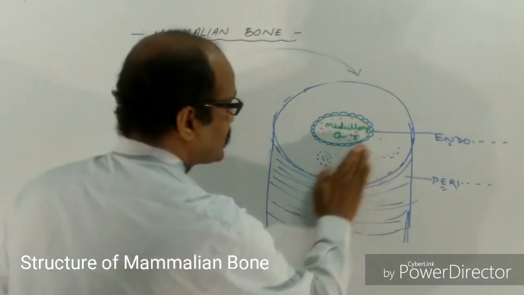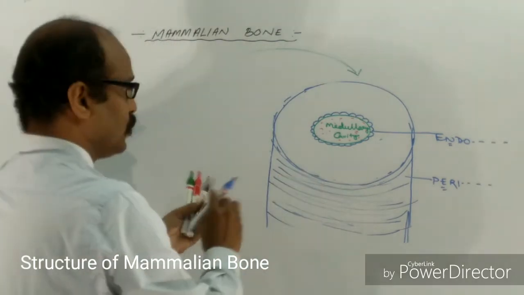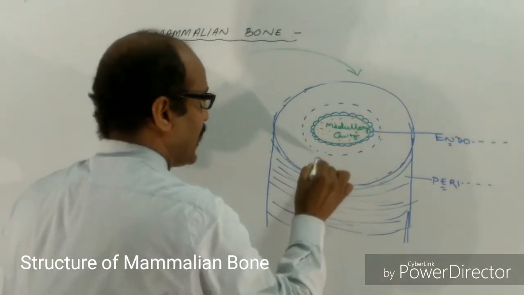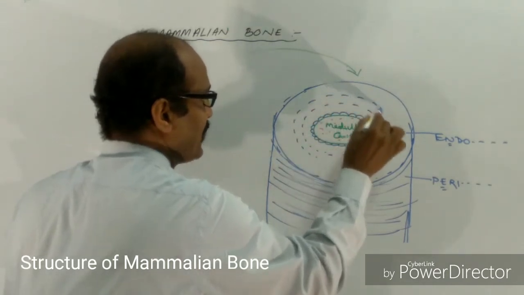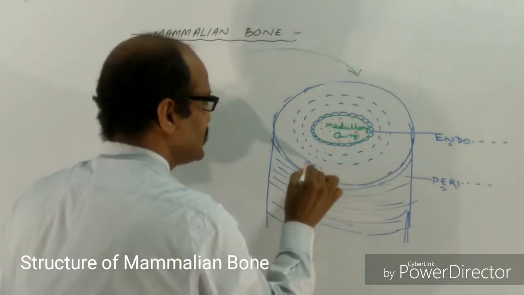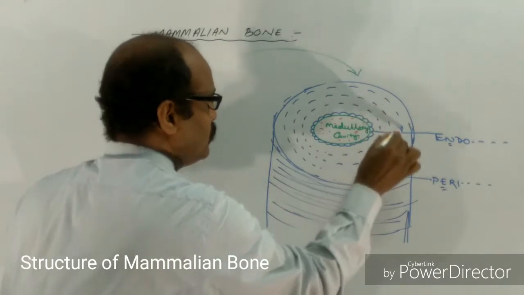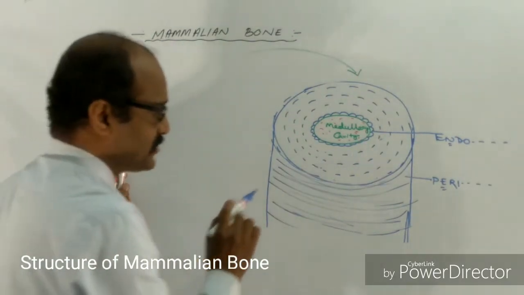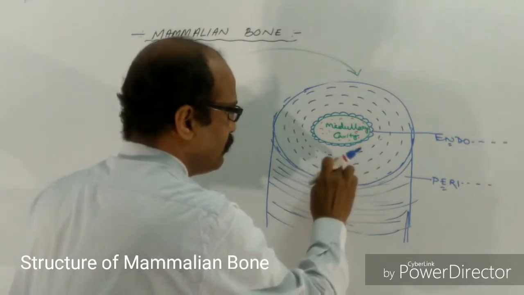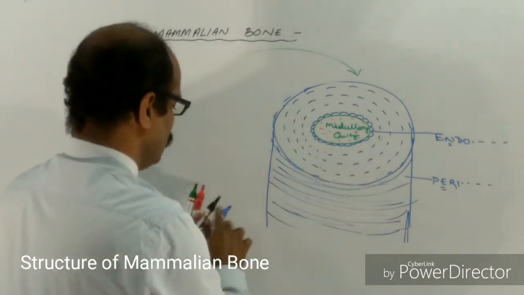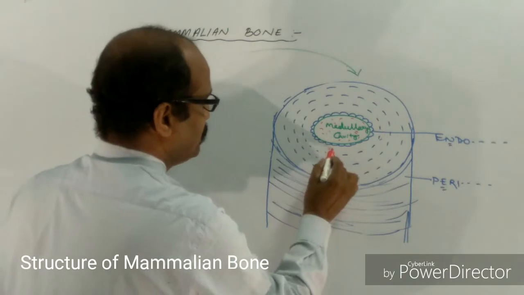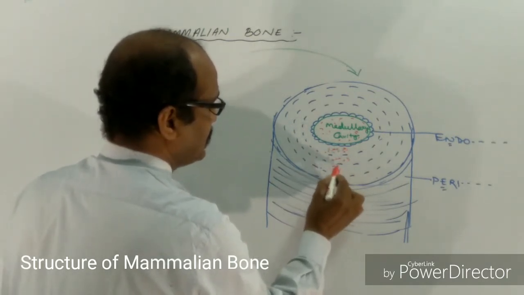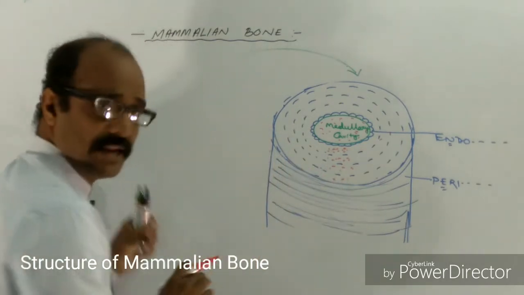As you know, in case of frog bones, the bone cells are arranged like this: around the medullary cavity, these bone cells are arranged in a concentric manner. That's why the matrix of bone cells is divided into a number of plates. So this is one lamella, this is another lamella, this is another lamella.